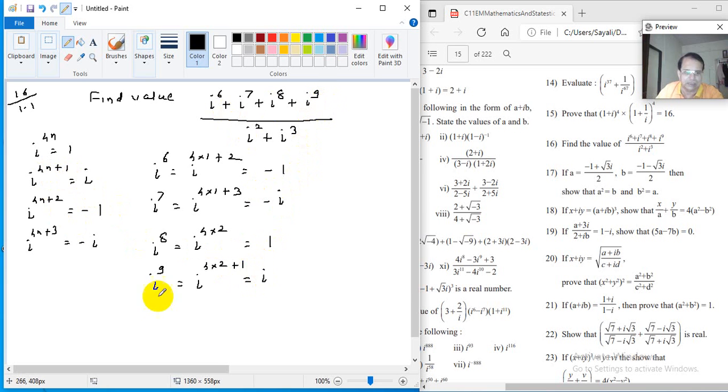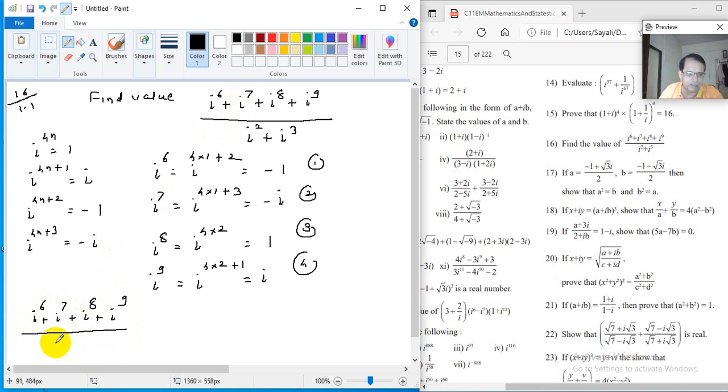ओके, म्हणजेच आता समजा हे आपण असं 1 म्हणूया, हे 2 म्हणूया, प्रॉब्लेमचं डेकोरेशन करायचं चांगलं, because whenever you are going to use these things in this particular problem given. Okay, so what now we can say? So i raised to 6 plus i raised to 7 plus i raised to 8 plus i raised to 9 divided by i squared plus i cube.